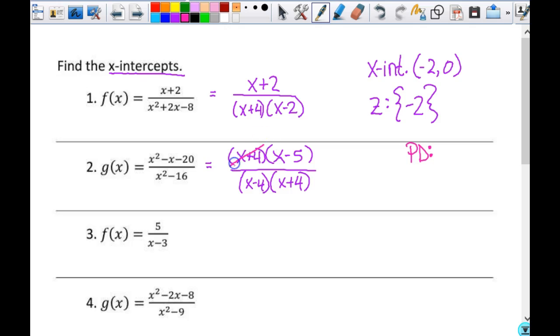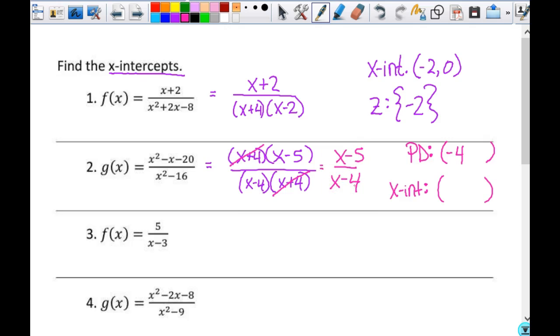I'm going to cancel these out, right? So that's going to leave me my point discontinuity. My x value is negative 4. For my x-intercept, what this leaves me with is x minus 5 over x minus 4.